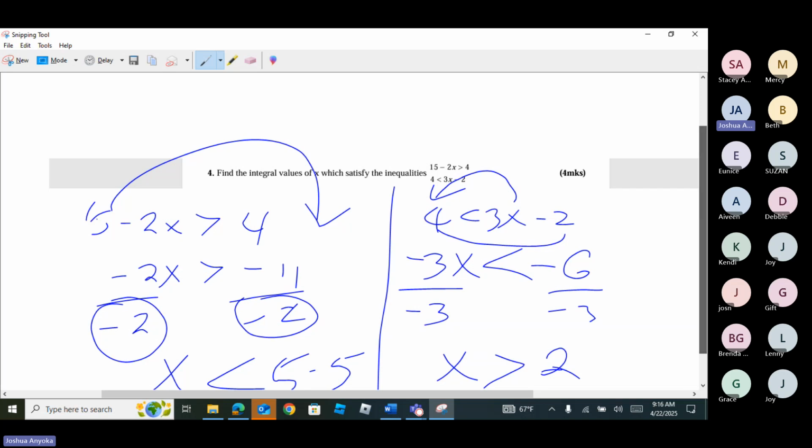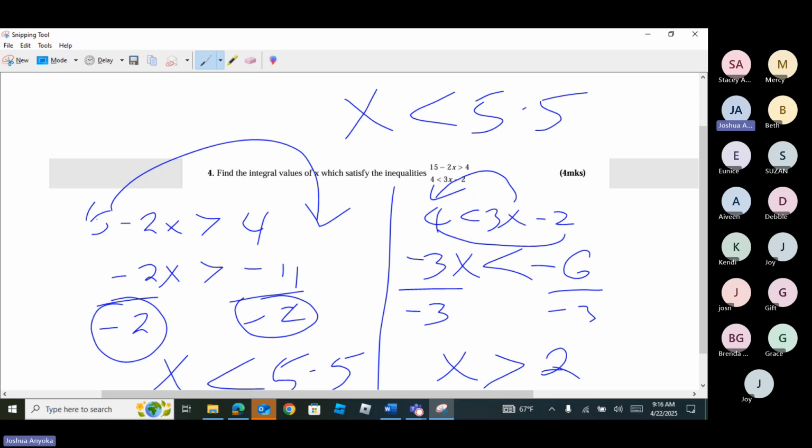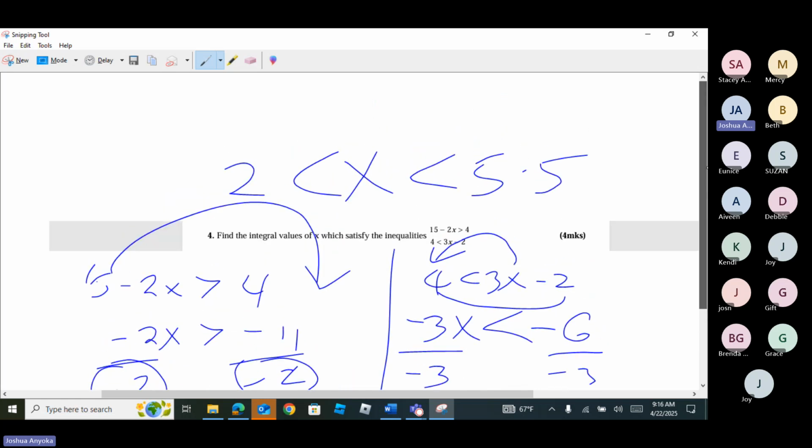Now let's combine the two. We have x, which is less than 5.5. We have x, which is greater than 2. The question is, state the integral values. We agreed somewhere to include the whole number boundaries. I'm insisting, whole number boundaries are included only if the inequality is less than or equals to, or greater than or equals to. So in this case, we don't include 2. We start from 3. We go to 4.